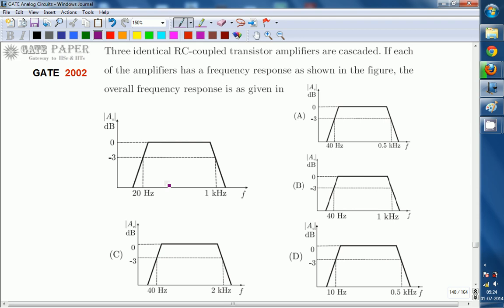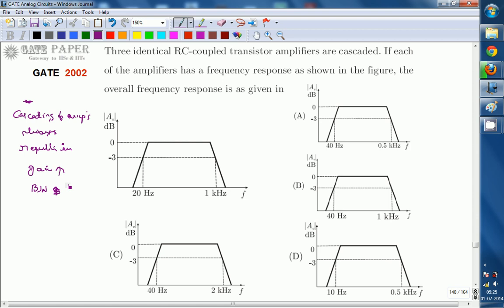You must remember one point: whenever we go for cascading of amplifiers, it always results in an increase in gain, but the overall bandwidth is going to be reduced.